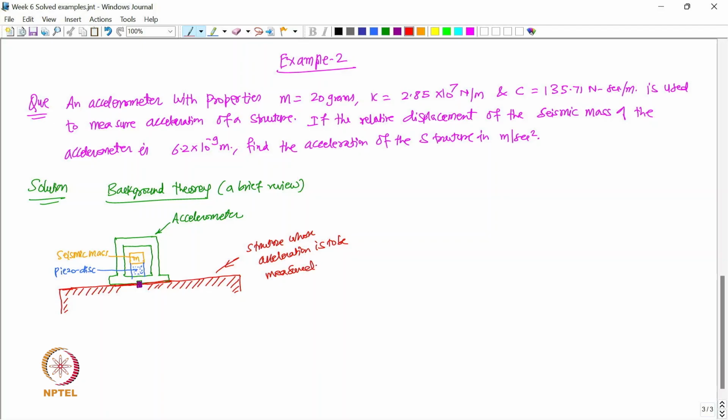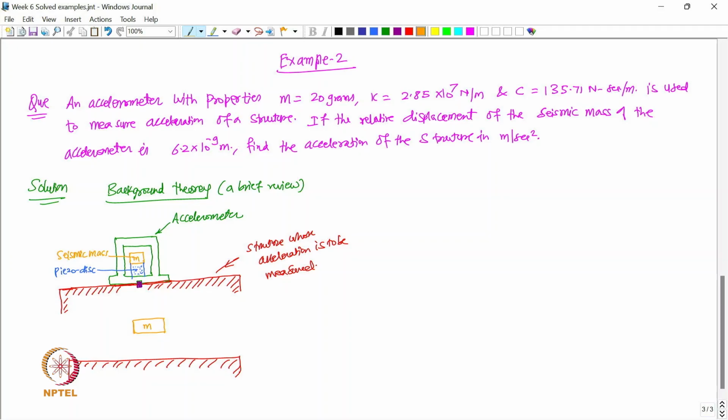Now for the purpose of analysis, this can be approximated like a single degree of freedom system. If I draw the structure like this, then we can approximate this by a single degree of freedom system. We can have again the seismic mass and the piezo disc, which will have some stiffness and damping.